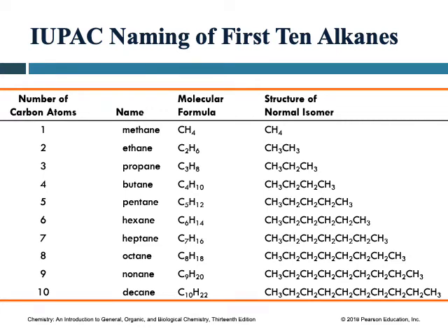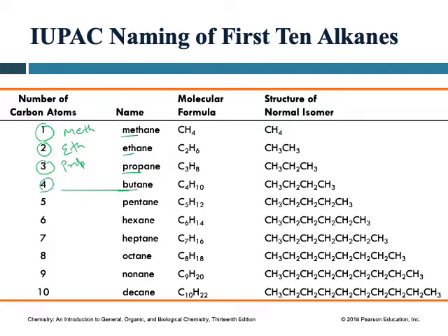Depending on how many carbons you have in a saturated compound, we name the compound differently. If you have one carbon, we call it meth. Two carbons, eth. Three, prop.